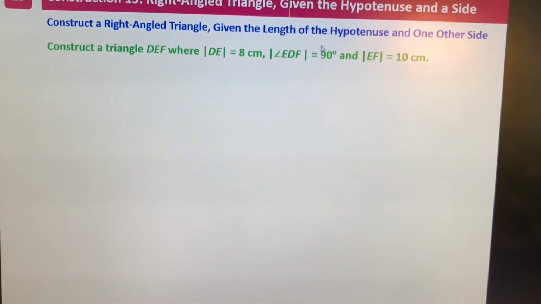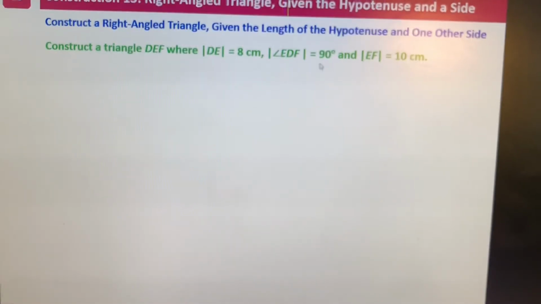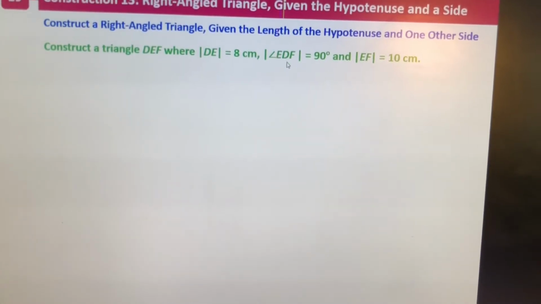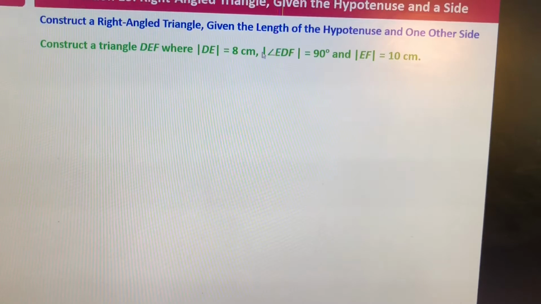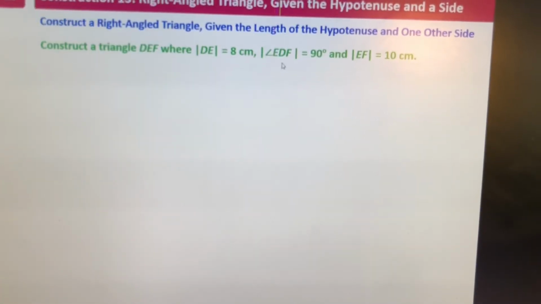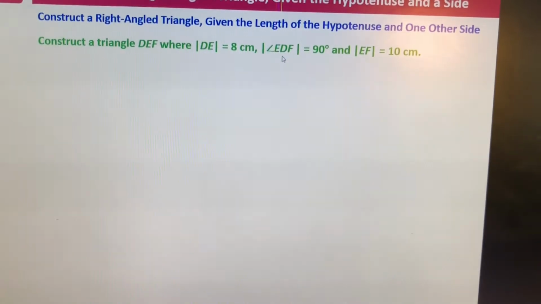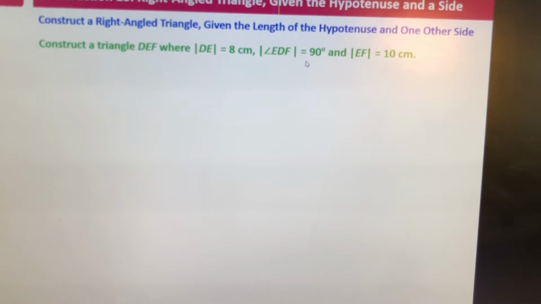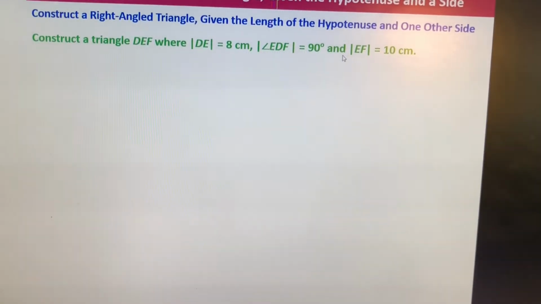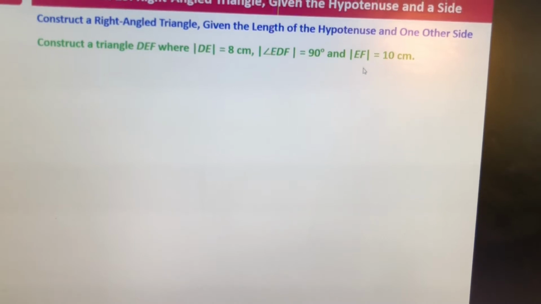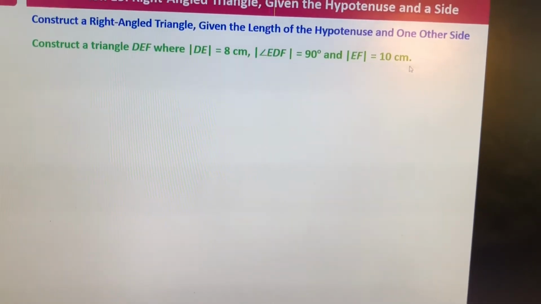There is a 90-degree angle, so a right angle, at the point D. Remember that when we have the measure of the angle E to D to F, it's the middle letter, D, where the angle sits. And we're told that the measurement of the side from E to F is 10 centimetres.